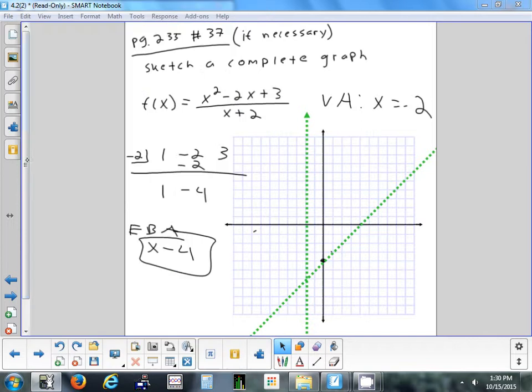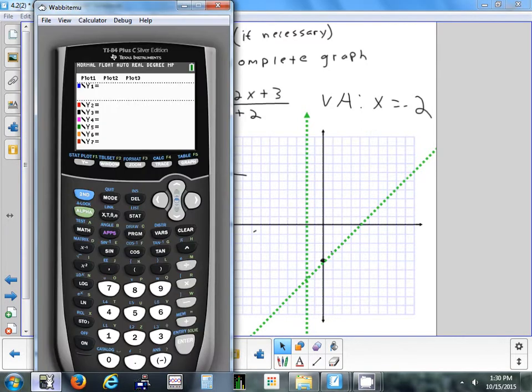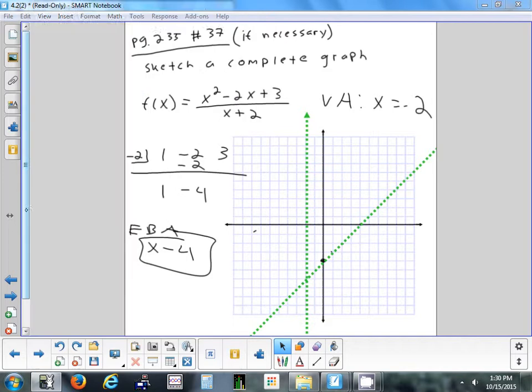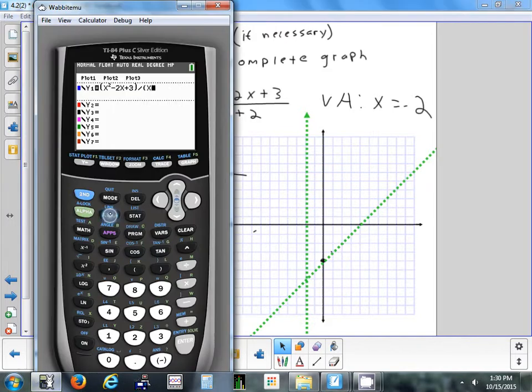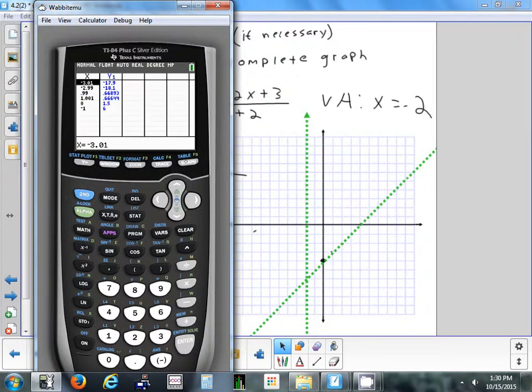All right, so let's type it in. X squared minus 2x plus 3, and divide by x plus 2. Okay, what are the 2 values I should check here for my asymptote? -2.001.